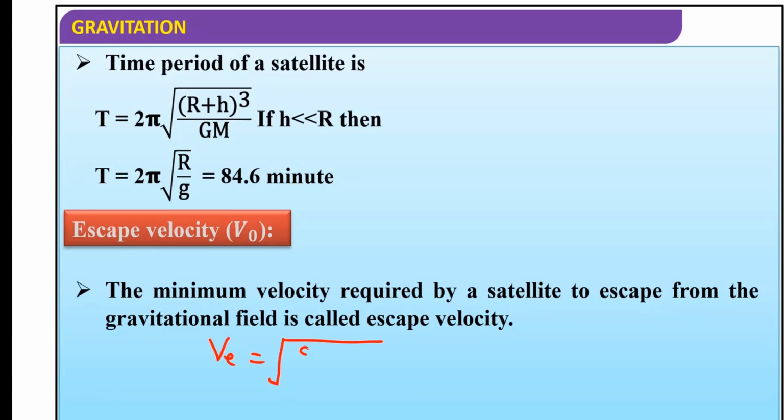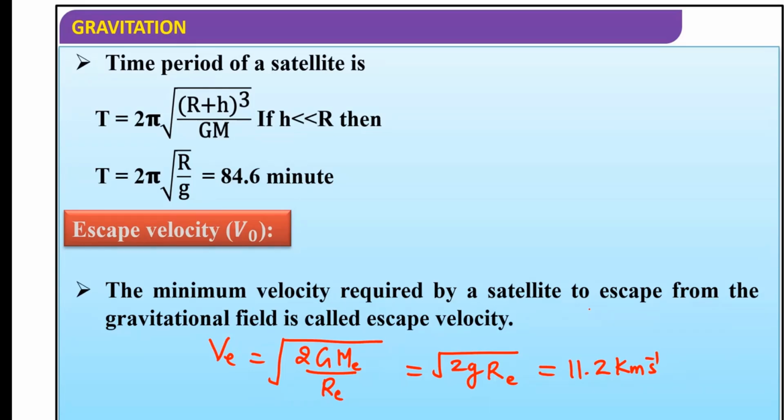First one, under root 2GM upon r, or you can write it as under root 2gR. Remember that this can be written for any planet. If we are using Earth, then we will take the mass of Earth and radius of Earth. And this value is 11.2 kilometer per second from the surface of Earth.